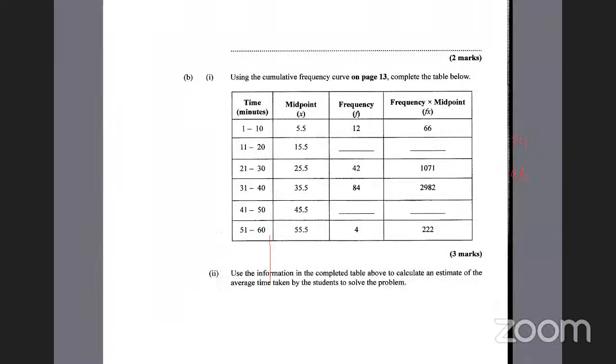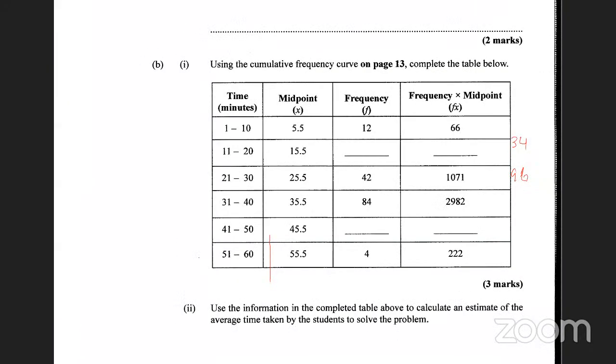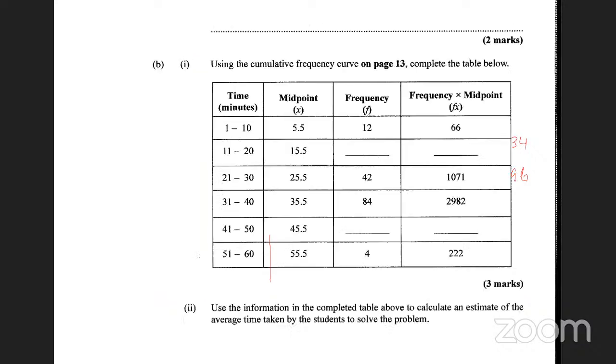All right, so let's go back to the table and see if we can fix it up now. The reading was 34, so that would be 34 minus 12, which is 22. And then 96 was this value, so that would be 96 minus 84, which is 12.